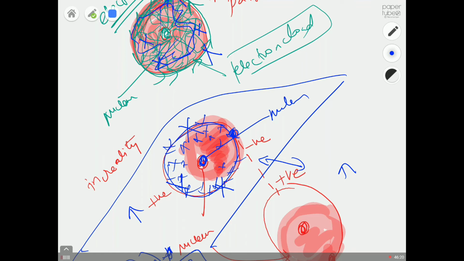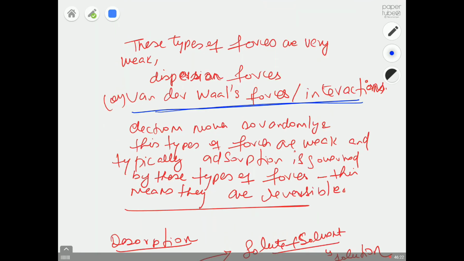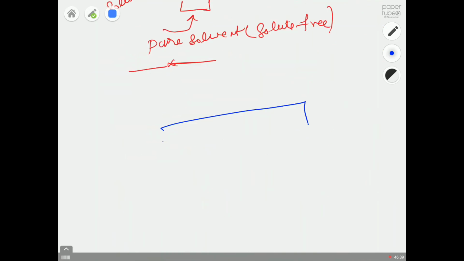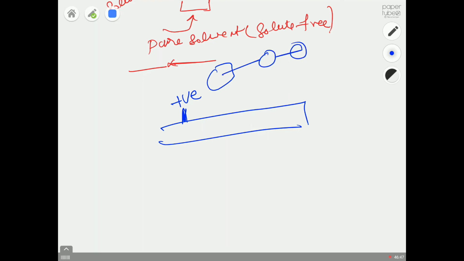So why we are studying van der Waals forces or interaction is, you should remember one thing in your mind: these are the forces that you need in order to make your adsorption happen, but these forces are very weak, and we can easily break them. Say you have some adsorbent surface, and some positively charged group is here, and this is your molecule, say a protein molecule, and on this side you have some negative charge due to the phenomenon that we talked about.